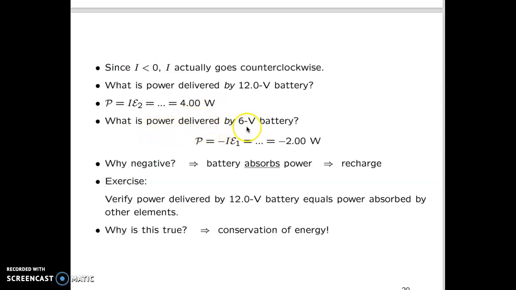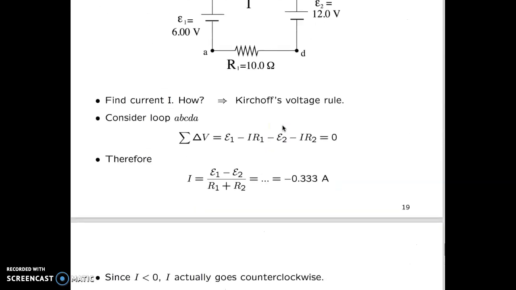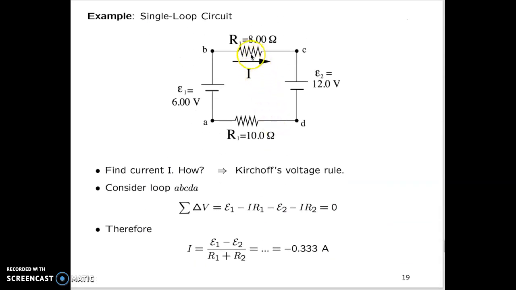What is the power delivered by the 6-volt battery? This time there is a negative sign here. Why? Because if you look at the 6-volt battery in this picture up here, unlike what the figure says, the current is not flowing clockwise, it's flowing counterclockwise.